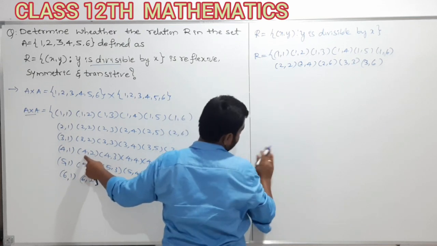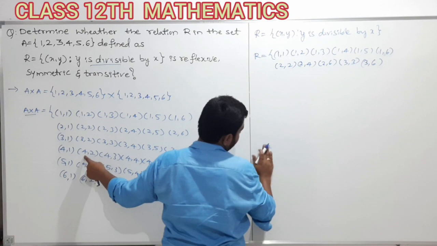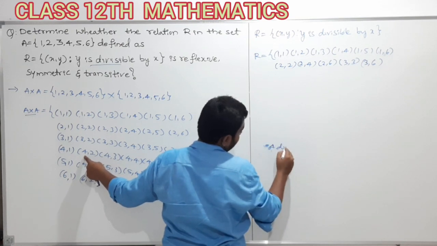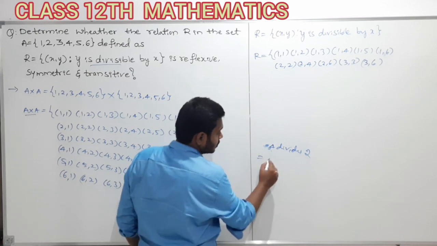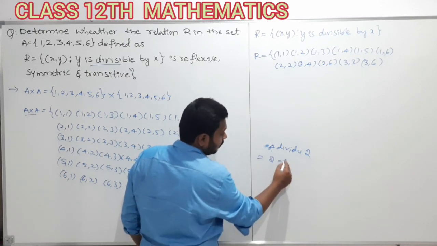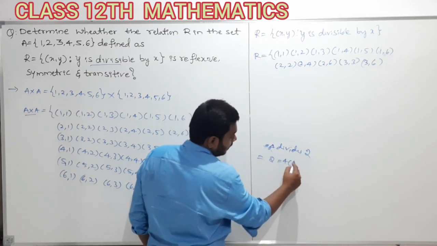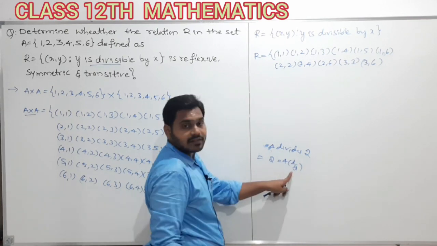And next, my dear students, 1 is not divisible by 4, 2 is not divisible by 4. Does 4 divide 2? No, because we cannot write 2 in the form of 4 into some value. We can write a half, but a half is not an integer.